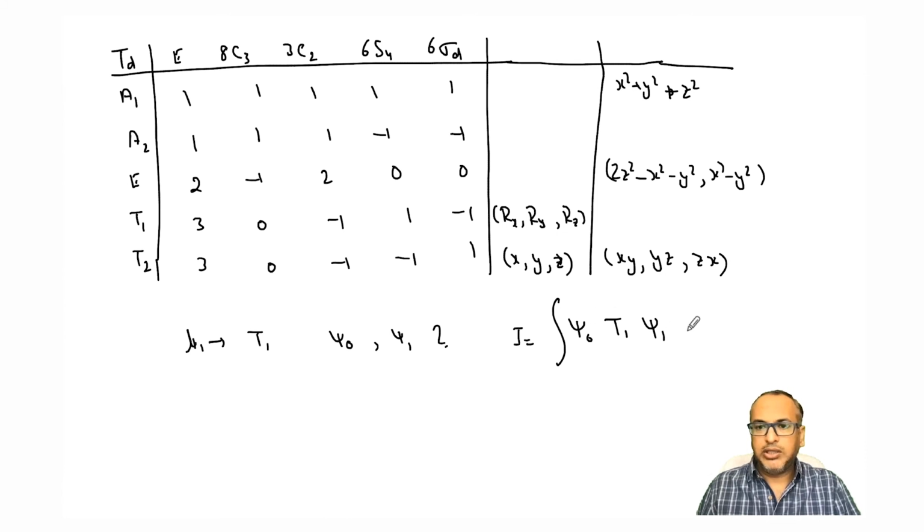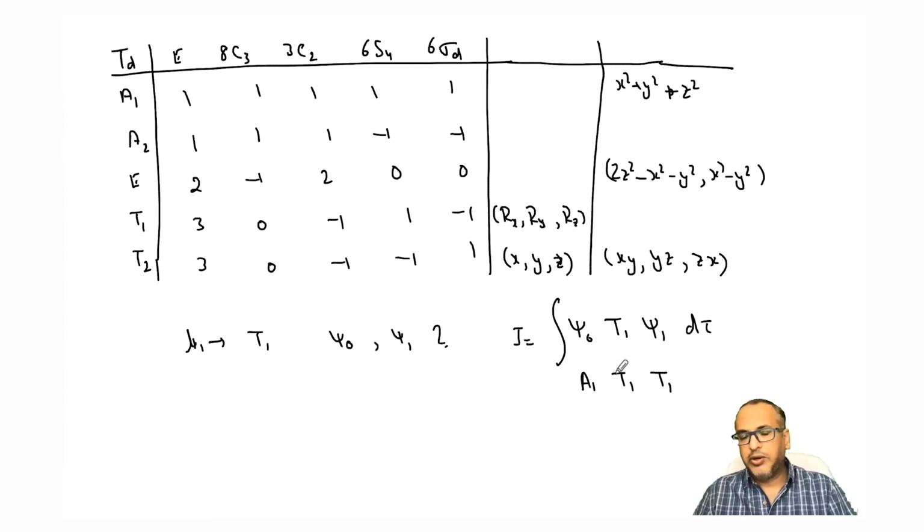Now what are the combinations for which psi 0 and psi 1 can be put over here, so that the overall triple direct product will not go to 0? That means it should contain the totally symmetric representation. So I can choose A1, T1, T1. That is my first possibility, because if this is A1, it will not matter. The direct product will not change upon multiplication with A1, because A1 is all ones. So T1 into T1 must contain A1, so overall it will contain A1. So this will not go to 0.